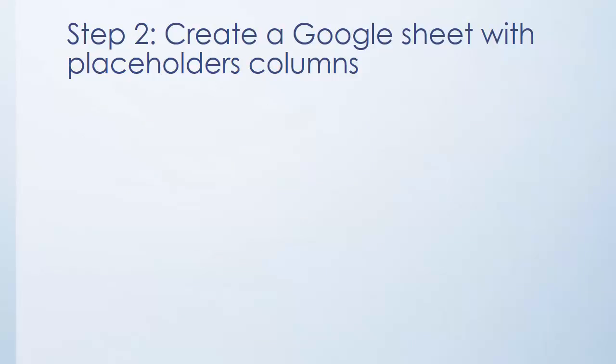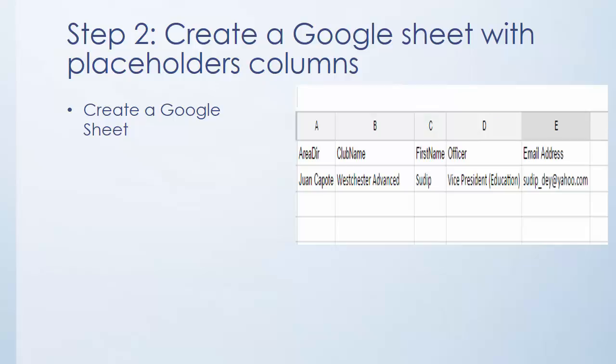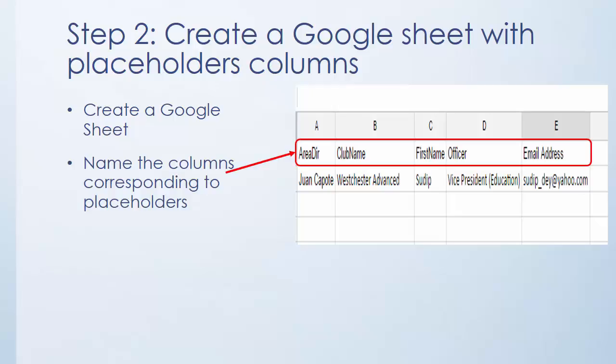Step number 2 is where you put in all the recipients. It's a Google Sheet that you'll open and you'll have different columns. You'll create a Google Sheet and put in different columns that will correspond to the placeholder fields that you have put in your draft.